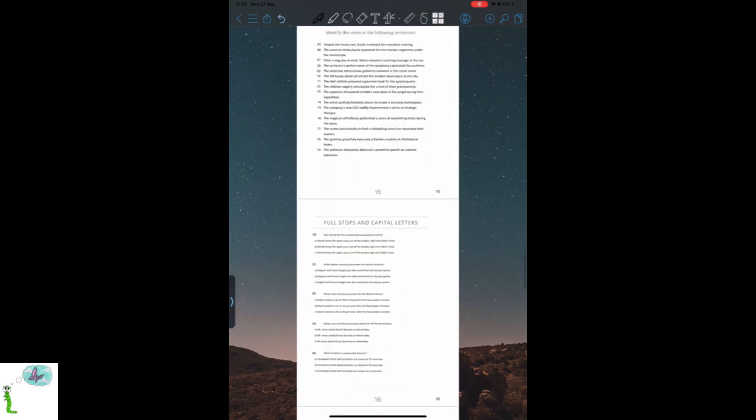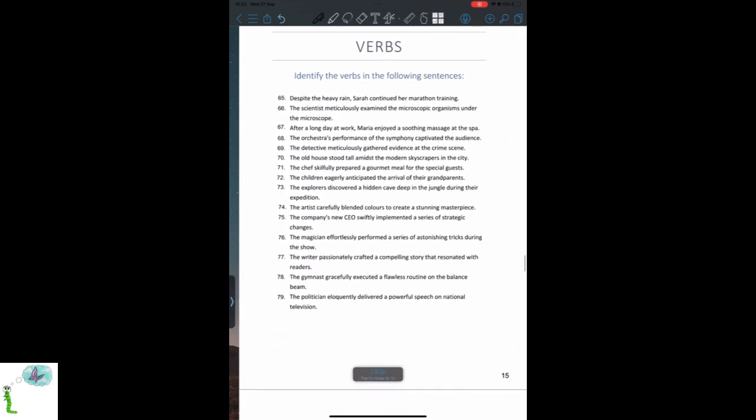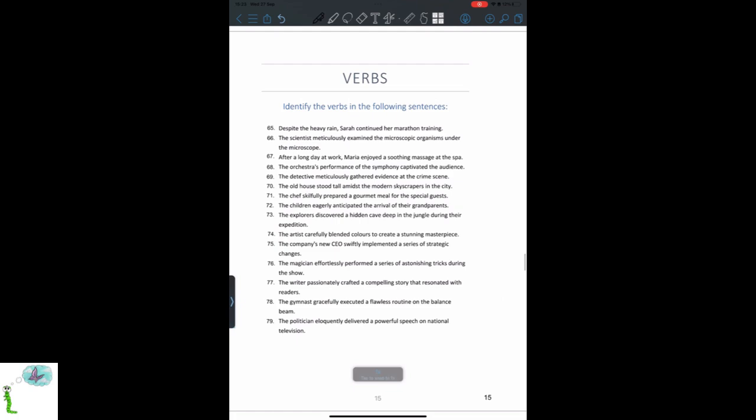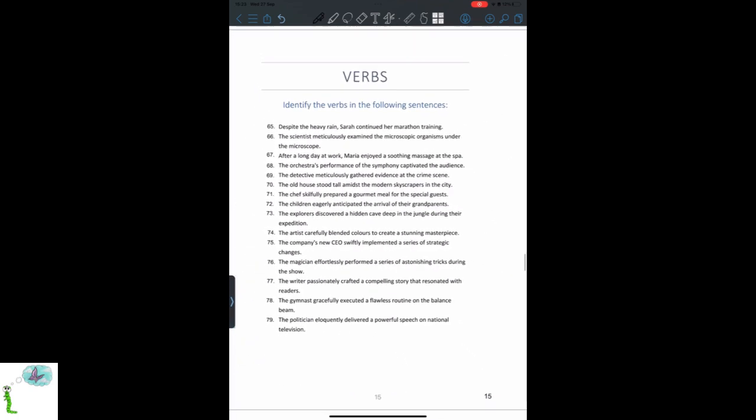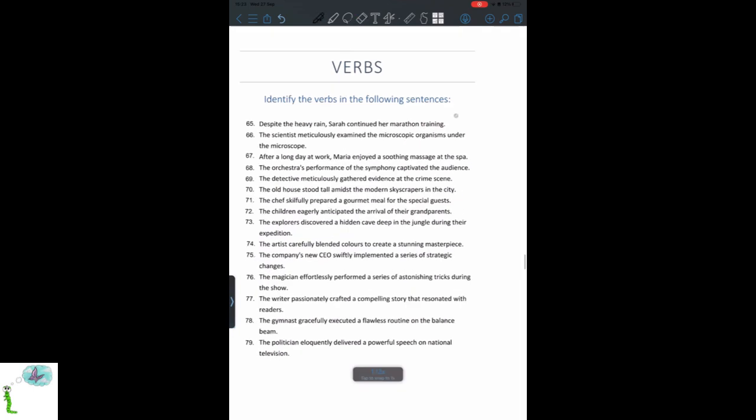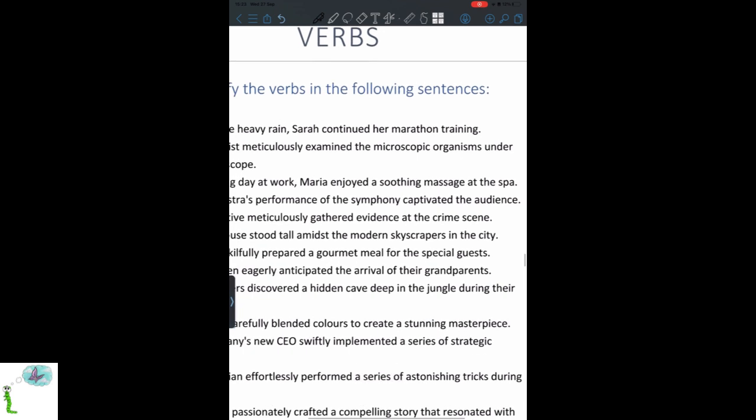But these ones, verbs, I'll go through these really quickly. Despite the heavy rain, Sarah continued her marathon training. Anything with ing is usually a verb, so she's training, right? But what's happening here is marathon training is an idea.